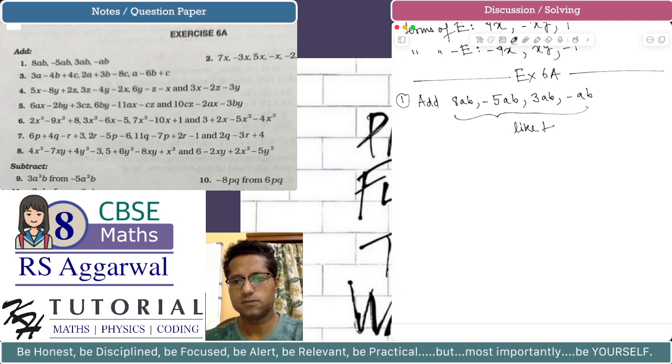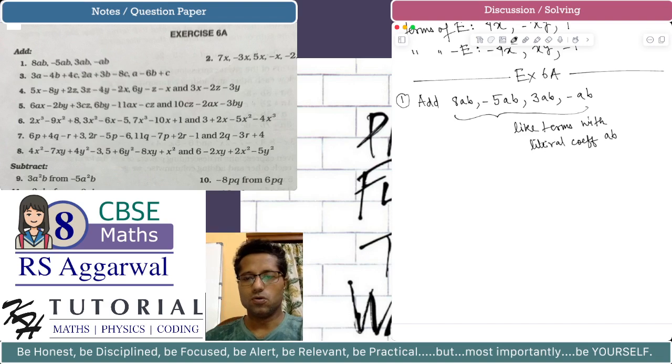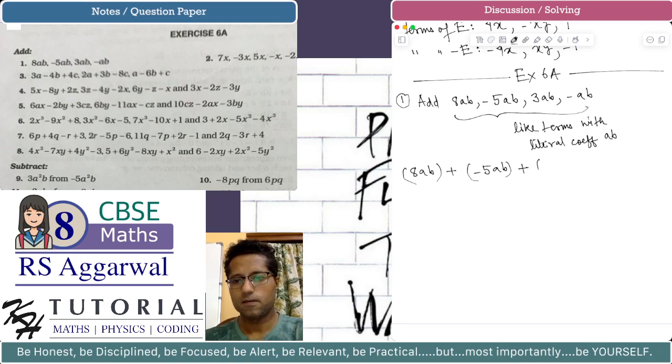As we know, all like terms have the same literal coefficient. The literal coefficient is ab. So we have to do 8ab plus minus 5ab plus 3ab plus minus ab.